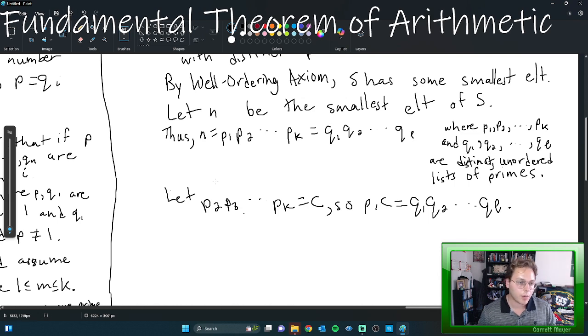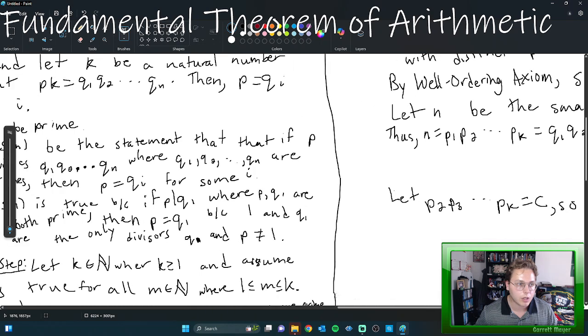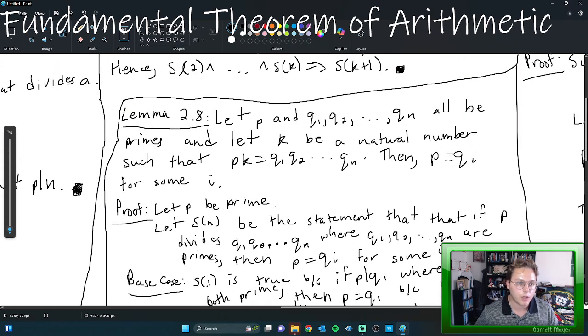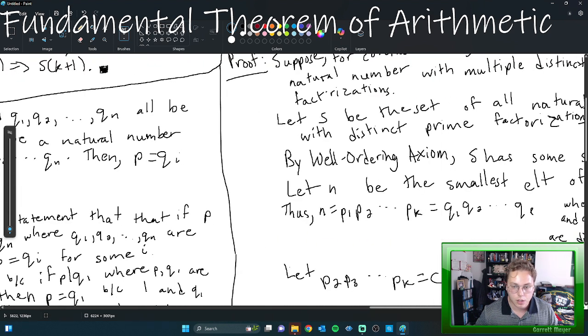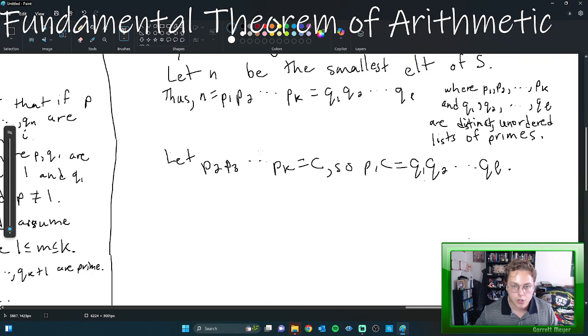And if you remember, this looks very similar to our expression of lemma 2.8 from earlier. If a prime p divides a product of primes, then p equals qi for one of them. So we have that p1 times c equals this product of primes. So p1 divides this product of primes, and p1 is a prime.